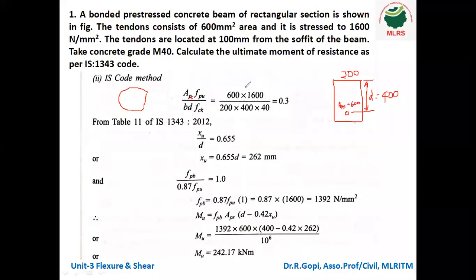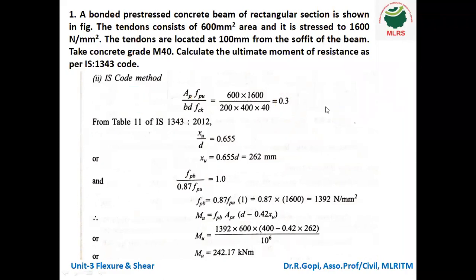It is given in the question. FPU is equal to 1600 Newton per mm square, divided by B is 200 and the effective depth is 400, into FCK 40. M40 grade they have given. So what is the ratio? 0.3. This is the ratio we got.